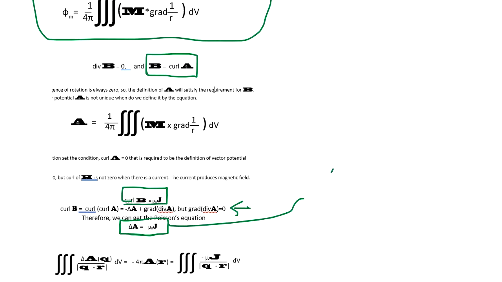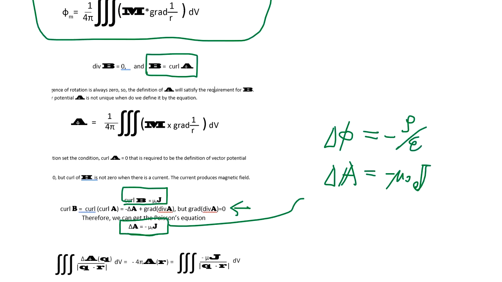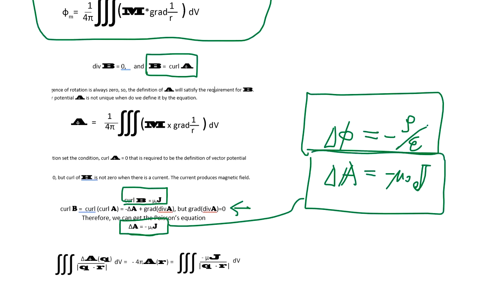Boy, Poisson's equation again, using vector potential. Remember, we had a scalar potential, which gave a Poisson's equation. Now we have a Poisson's equation, and the source of the vector potential is the current density, not the magnetic charge. Of course, we have magnetic charge with the scalar potential.